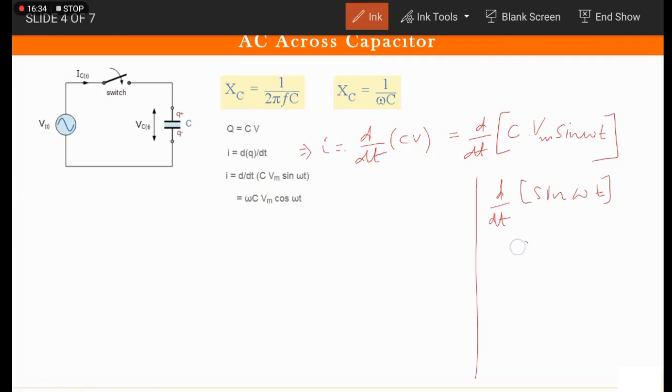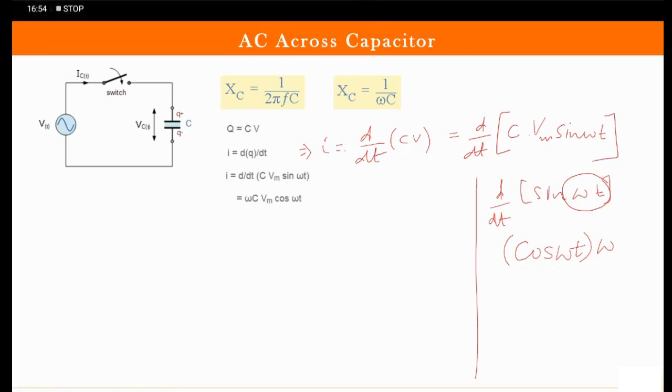It is cos theta. So it is cos omega t, correct? Multiplied by, again, because this is not theta, this is omega t, it gets multiplied by omega. So d by dt of sin omega t comes out to be omega times cos omega t.